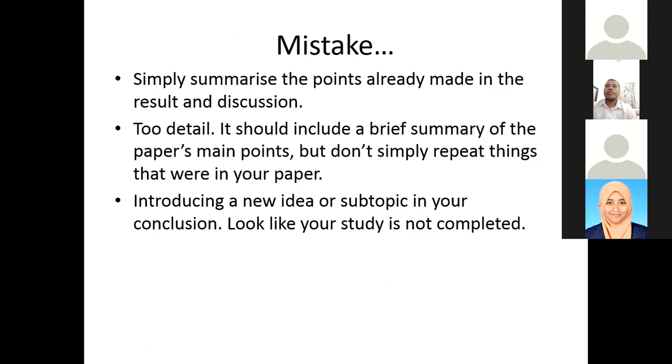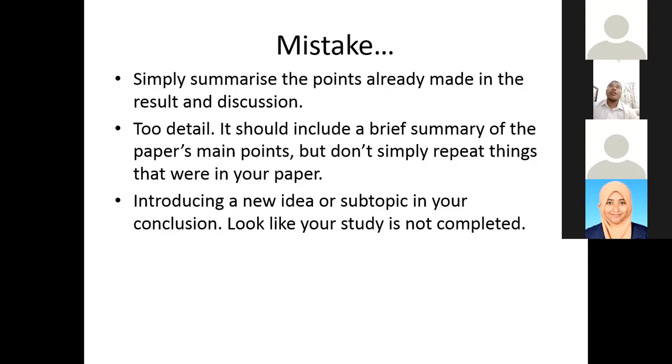Okay, what are the mistakes during the conclusion? Some people like to summarize all the data. Summarizing is different from concluding. They summarize all the points in the data, and then they list them again in the conclusion.